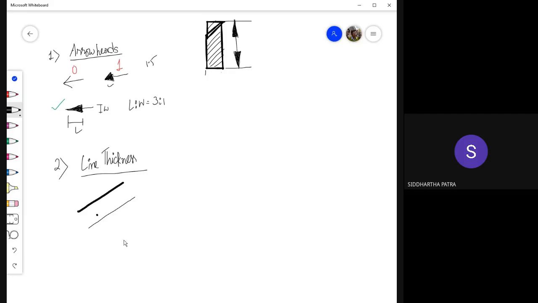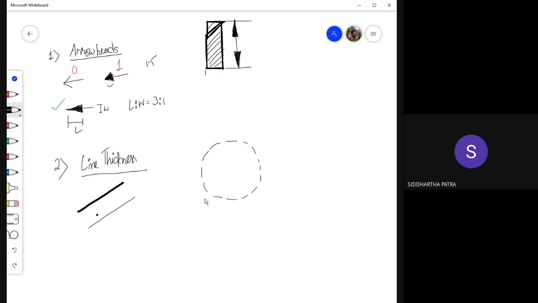Apart from that, the uniformity of the thickness also matters. Okay, and I do understand the problem, particularly when you are drawing a circular hidden line, let's say. And of course, most of you are trying to do that with the help of the compass itself, and with the compass it is very difficult.